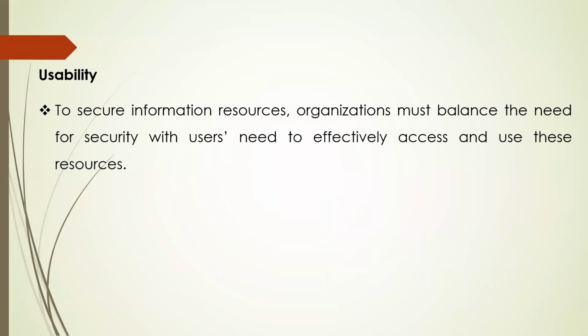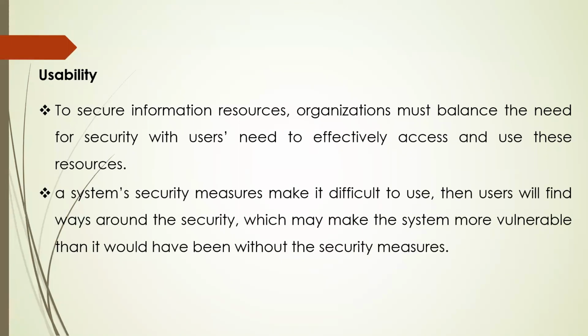If the organization requires an extremely long password with several special characters, an employee may resort to writing it down and putting it in a drawer, since it would be impossible to memorize. So if a system security measure makes the system difficult to use, then users will find ways around the security, which may make the system more vulnerable than it would have been without the security measures.